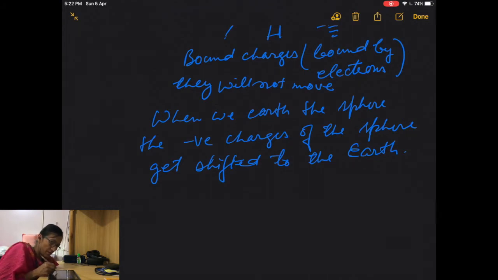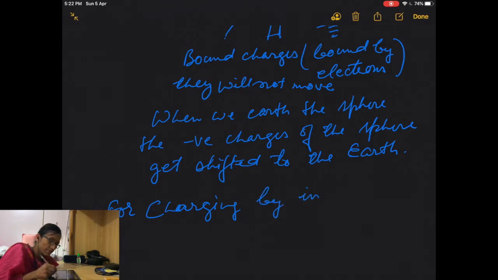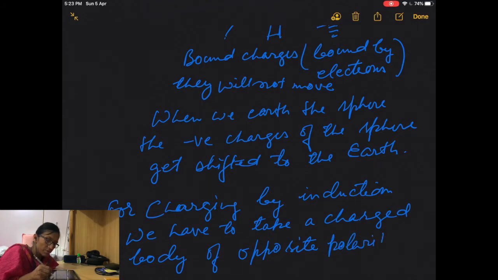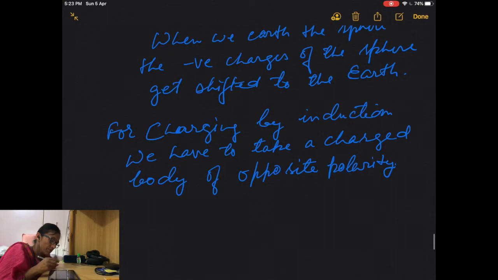So for charging by induction, we have to take a charged body of opposite polarity.